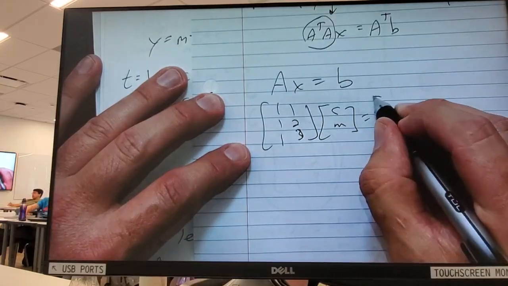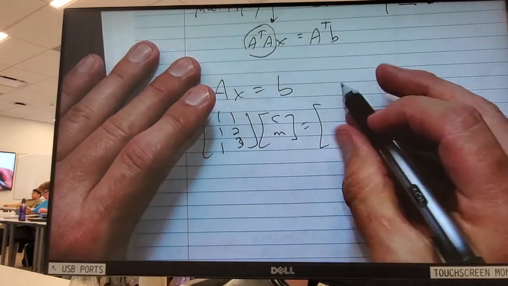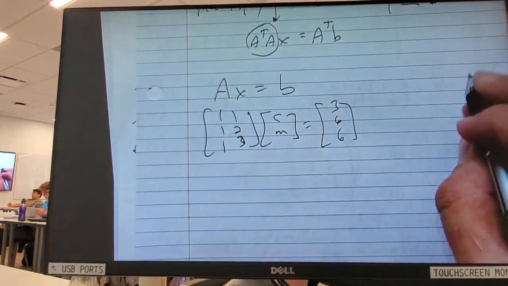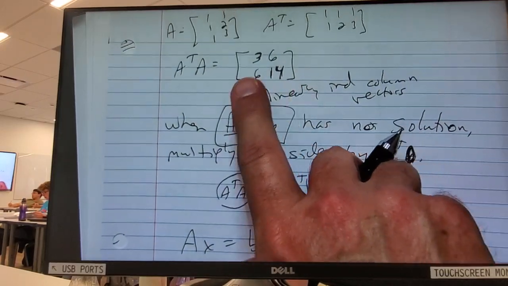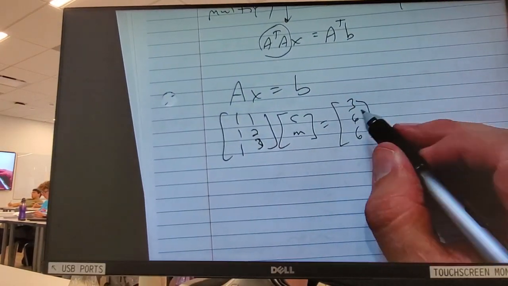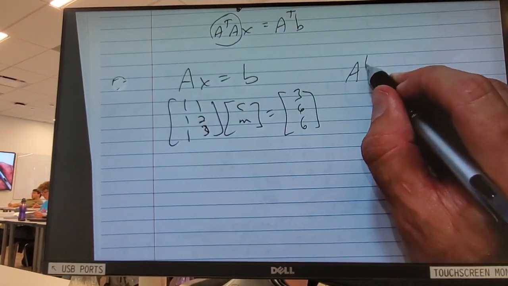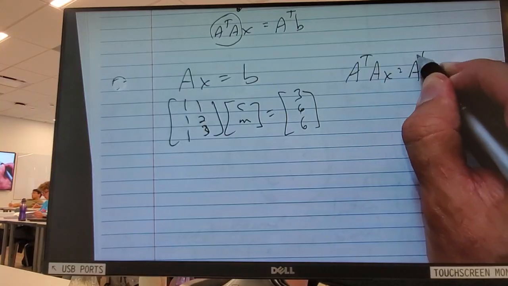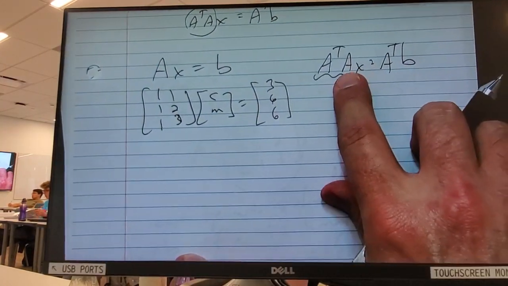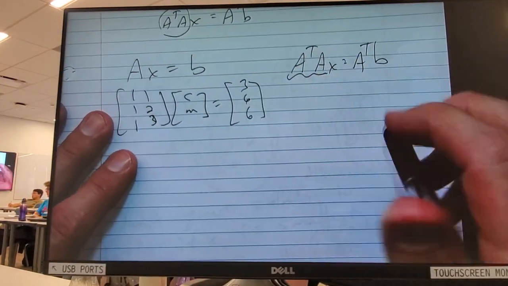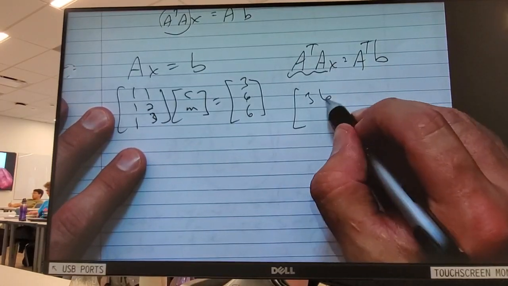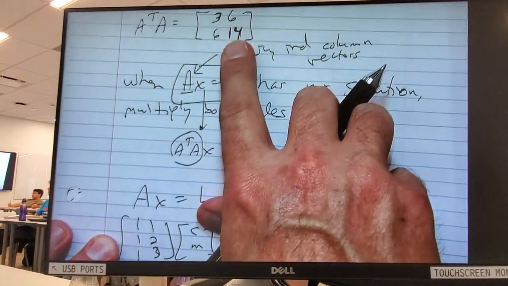This is 3, 6, 6, right? So if I attack both sides of this with A transpose, we've already figured this out. We figured this is 3, 6, 6, 14. We did that up here, yes?